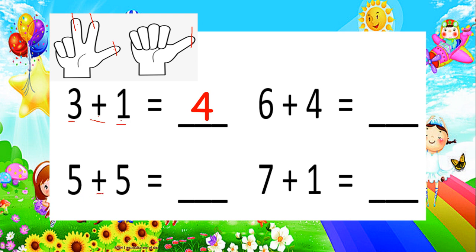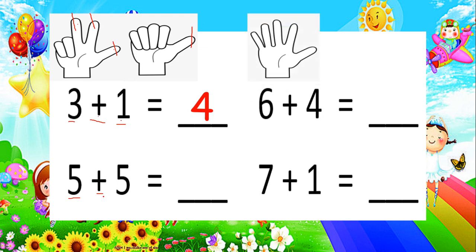Okay, next. Let's go to the next one. Again, you can see the plus sign. It means you add. Okay, good, KG. So you have 5 plus 5. So again, show me your 5 fingers like this plus 5. So again, another 5 fingers like this. Okay, so 5 plus 5.